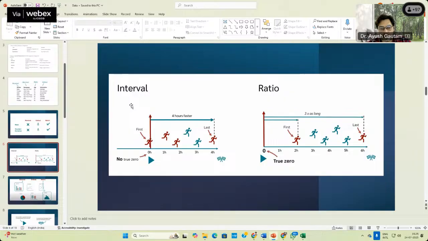And for interval data, there is no zero defined. So let's take an example. Suppose there is a race between a few students. कुछ students में एक race हो रहा है.